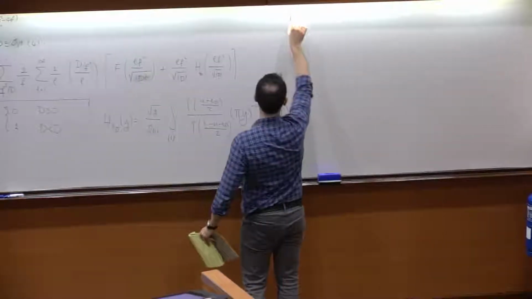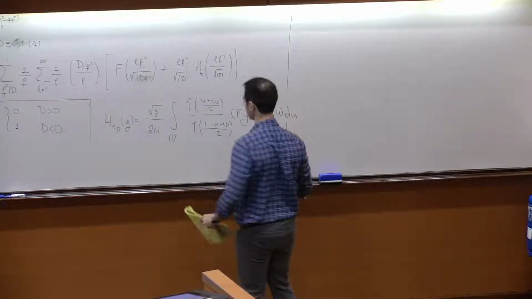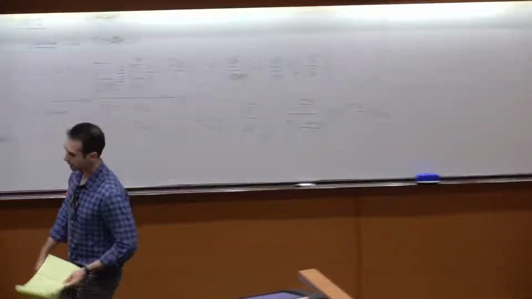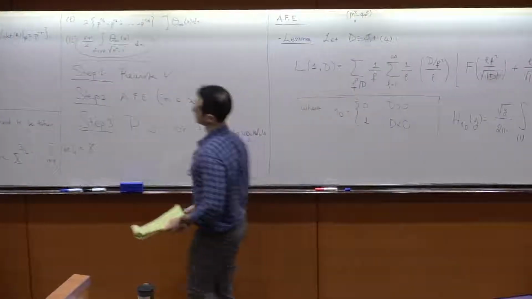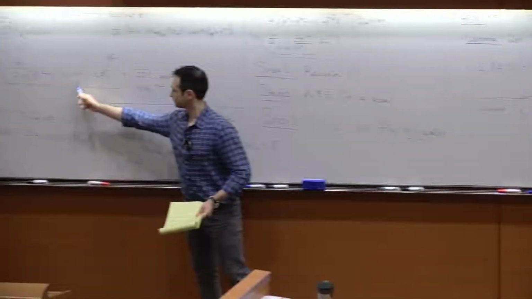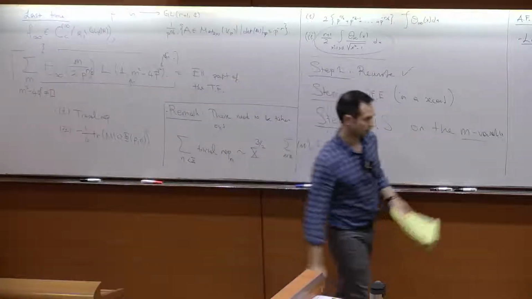All right, now let's set a lemma here. Once we have the approximate functional equation, we basically take this guy, plug it in here, and replace the L function with this, as we did yesterday.